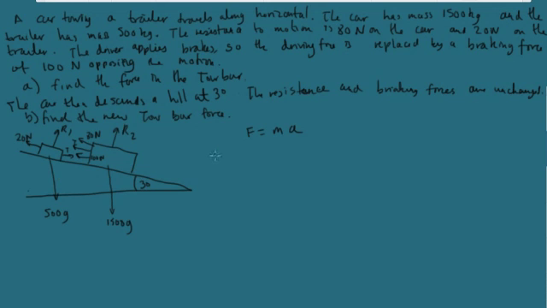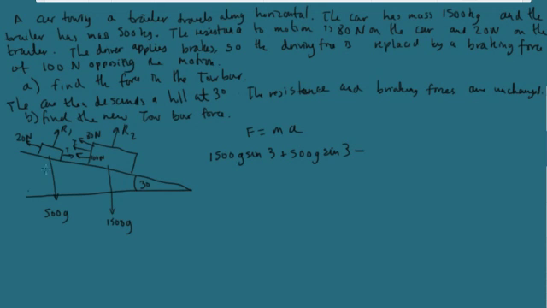So we have 1500 g sine 3, the component of the weight coming down the slope, plus 500 g sine 3, so that's from the car and the trailer.